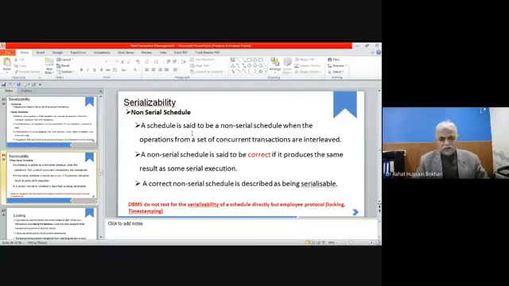A correct non-serial schedule is described as being serializable, meaning it produces the same result we may get from the serial execution of the transactions.